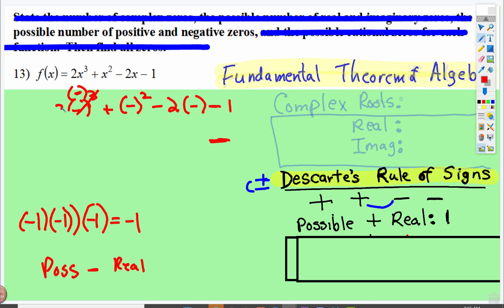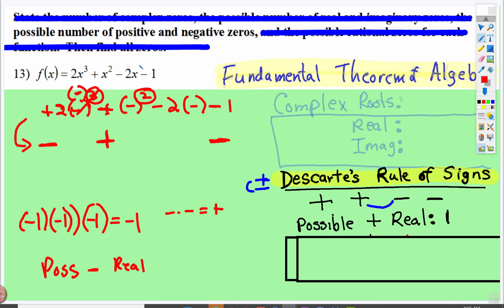So look what just happened. This started off as positive 2, but because the negative cubed is negative, negative times positive is negative. Now this next one starts out as positive, but what's a negative number squared? What's a negative times a negative? Positive. A positive times positive, that positive stays the same. That even exponent, the sign didn't change. That odd exponent, the sign did the opposite.